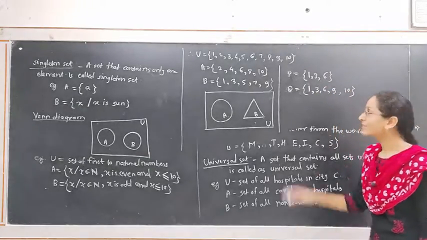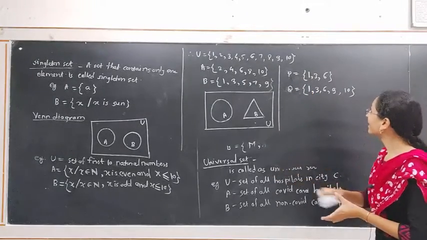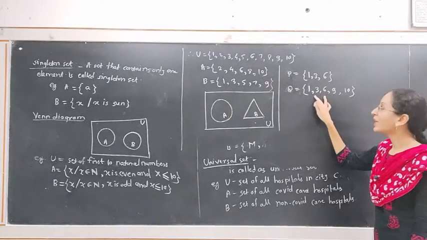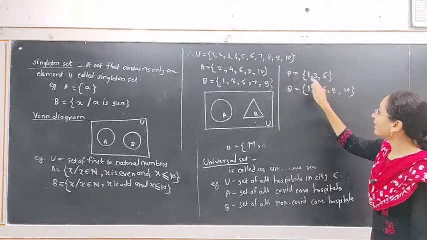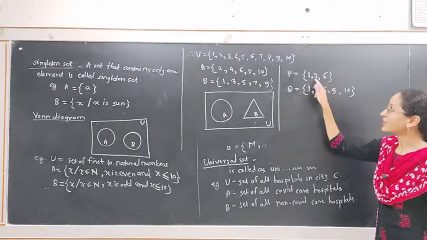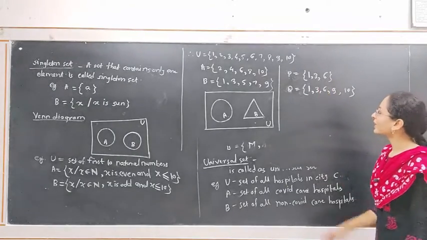Now we represent these sets by a Venn diagram. See that every element of set P is an element of set Q. Hence, P is a subset of Q. By the definition of subset, each element of set P belongs to the set Q, hence P is a subset of Q, or Q is a superset of set P.